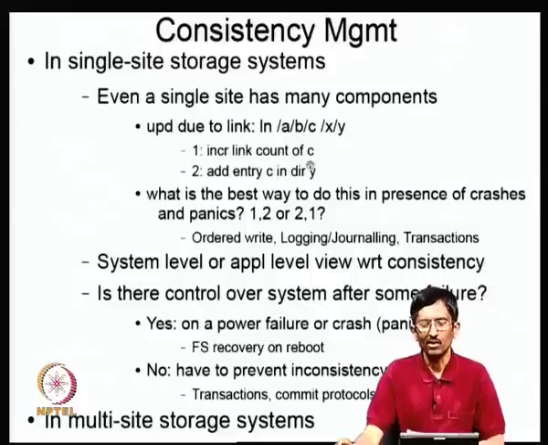That means that when I delete C, now notice that because I did not add this one, there is still exactly only one place where C exists, but the link count is now 2.